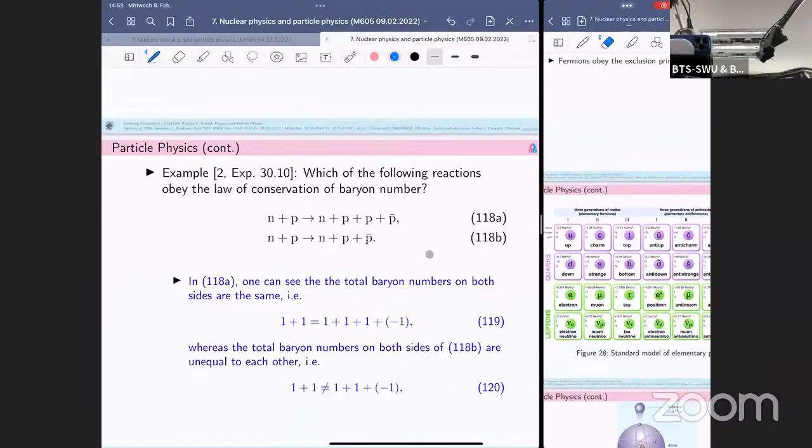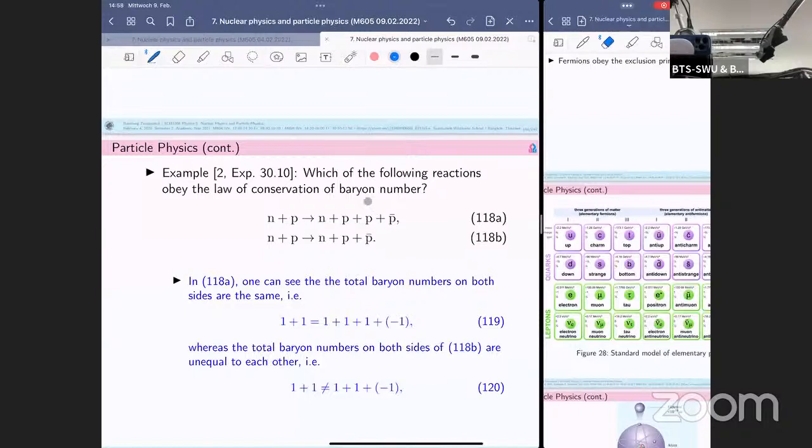That's the process. Another process is neutron plus proton decaying into neutron plus proton and anti-proton. Would you please guess which one will take place in nature?